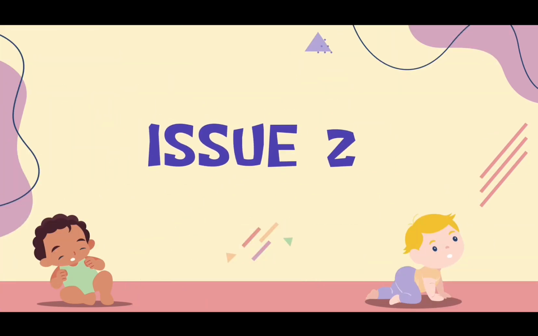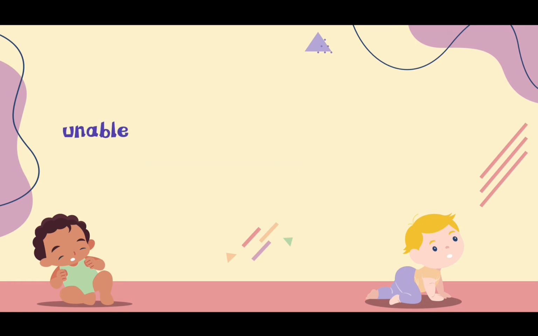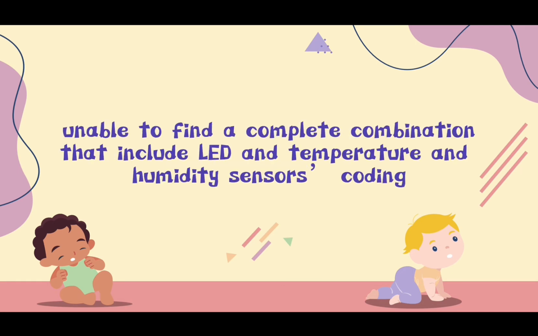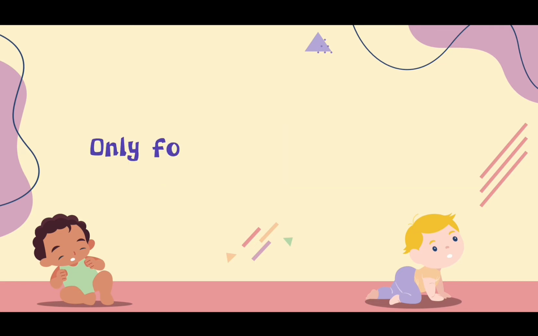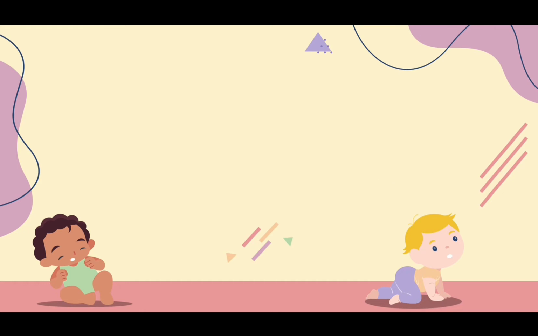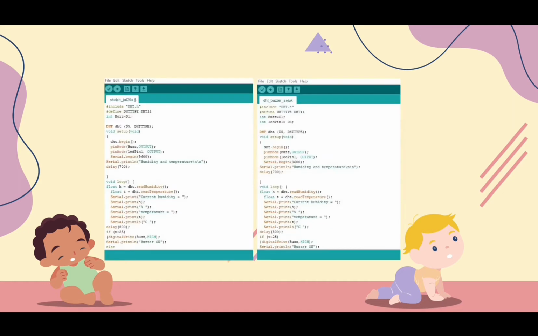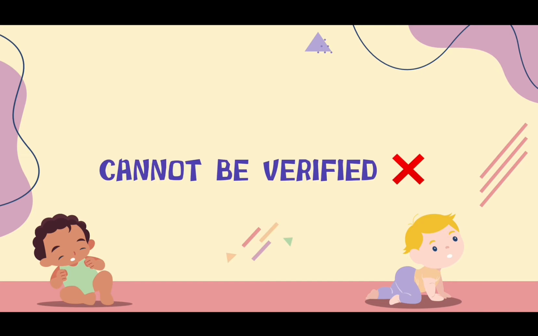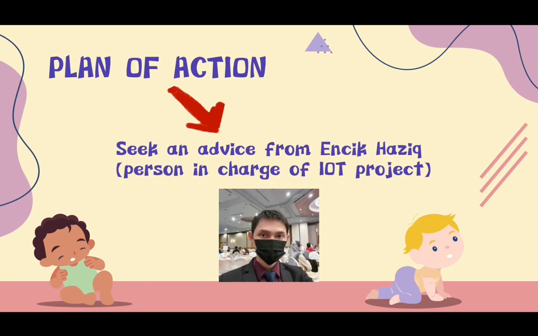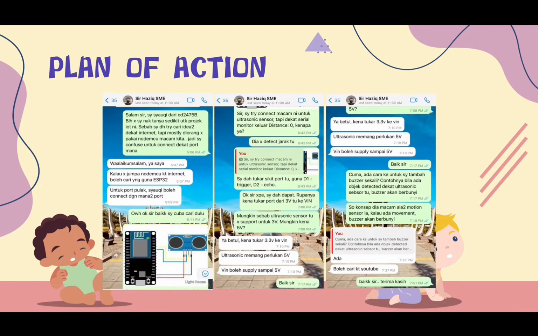The next issue is we were also not able to find a combination of LED and temperature and humidity sensor coding. We only found separate coding for each component. Thus, we tried to make a combination for every coding. However, it could not be verified. So, we decided to contact Encik Haziq, the person in charge of this IoT project, to get some advice and help from him.